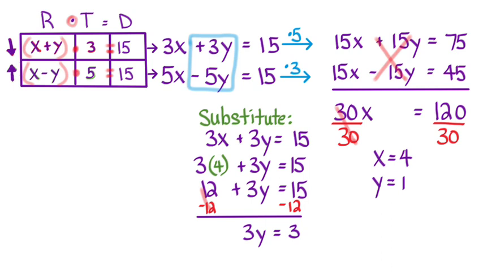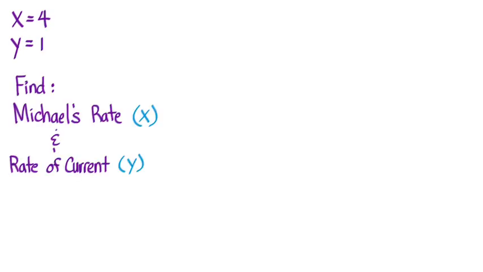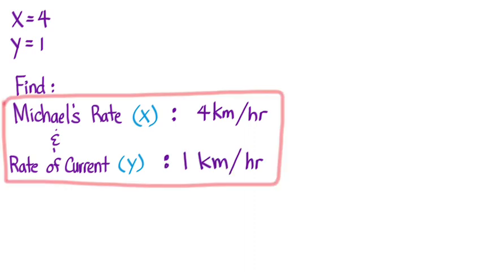But in 3 hours, with the help of the current, it takes him 1 hour less, right? And with the hindrance, it's going to take him 1 hour more. So that's why we know that Michael is 4 kilometers per hour, and the rate of the still water, or the current, is 1 kilometer per hour.